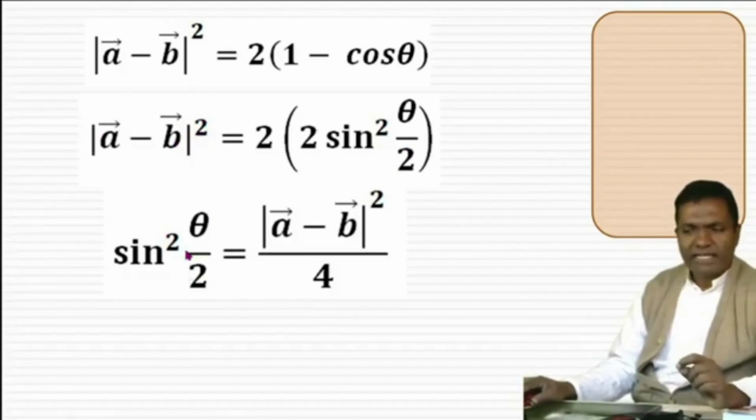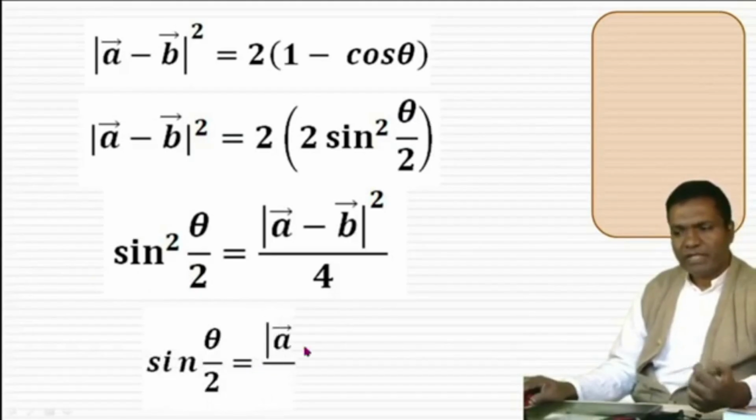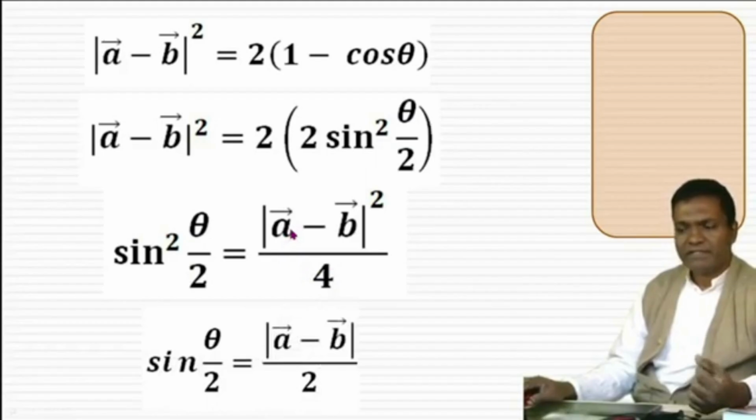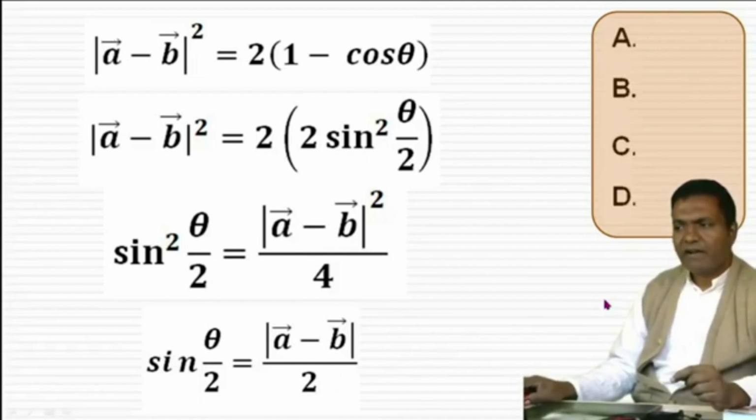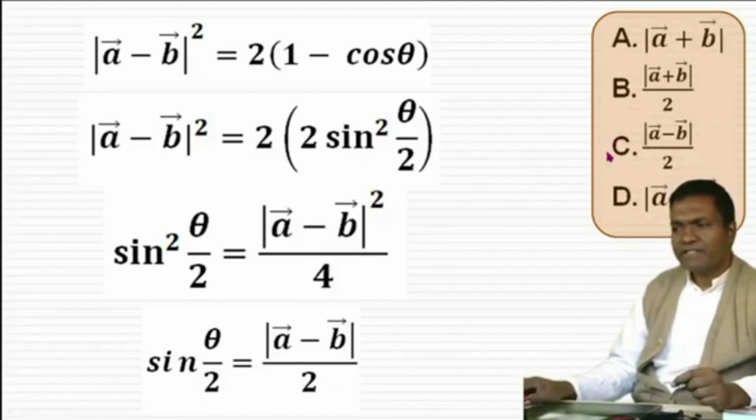Now we want sine theta by 2, so taking square root on both sides, sine theta by 2 is magnitude of vector A minus B divided by 2. The square cancels. So this is your required result, and option C is the correct one.